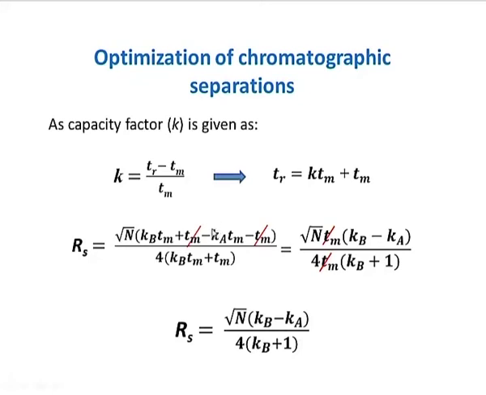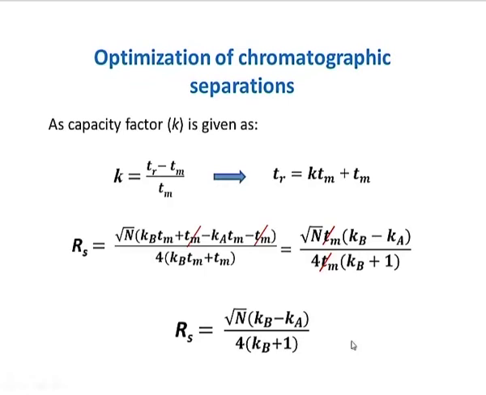Now, in this equation, both these Tm terms will strike out, and also you can take this Tm out of the bracket and also this Tm here out of the bracket. So, what you are left with is square root of n Tm times (kB minus kA) upon 4 Tm (kB plus 1). Again, in this equation, this Tm term will cancel out.